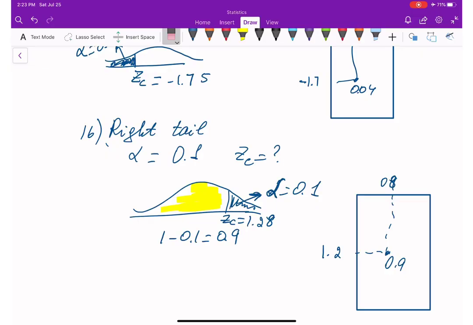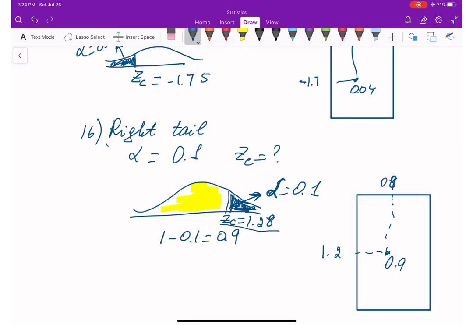The rejection area, since alpha is equal to 0.1 on the right tail, then this area specifically where alpha is located, it's going to be our rejection area, okay? The area where alpha is, and it is limited by this z critical equal to 1.28.